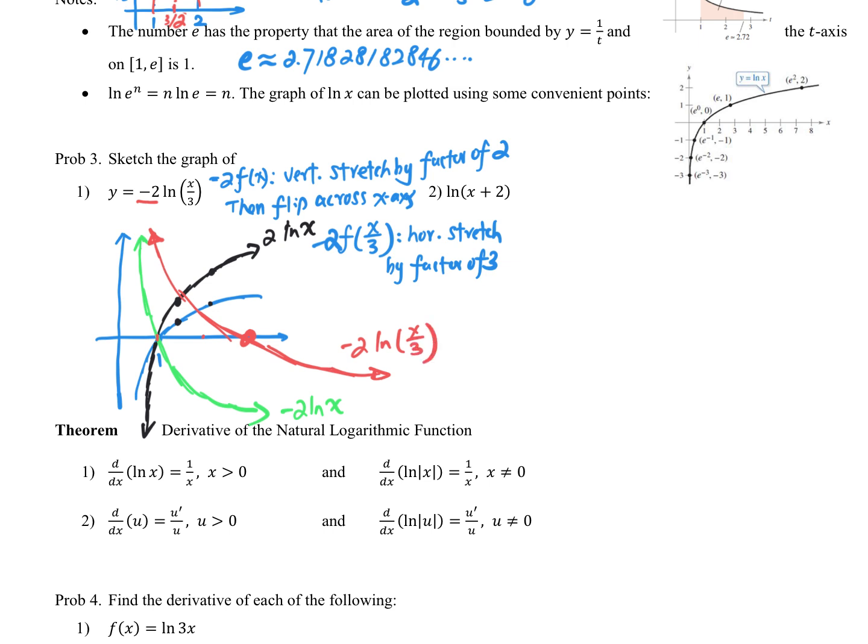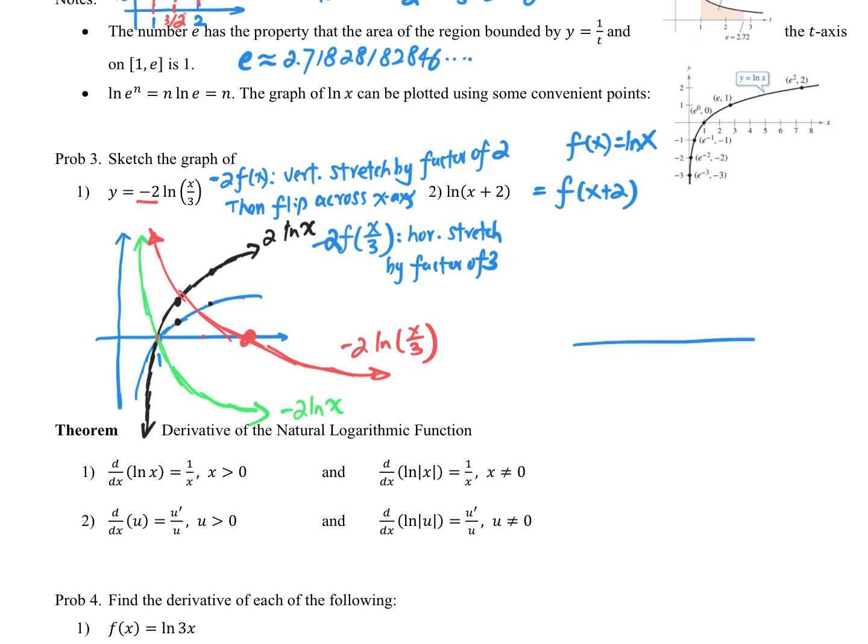Now let's take a look at another one. The second one is much easier. This can be considered as f of x plus 2, where f of x is ln x, and this x minus 2 means you simply shift the ln x to the left 2 units.